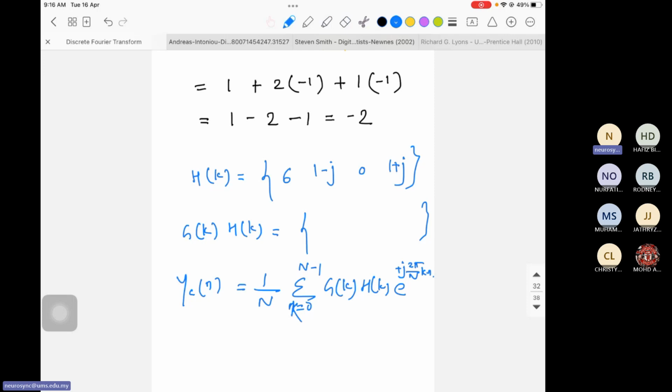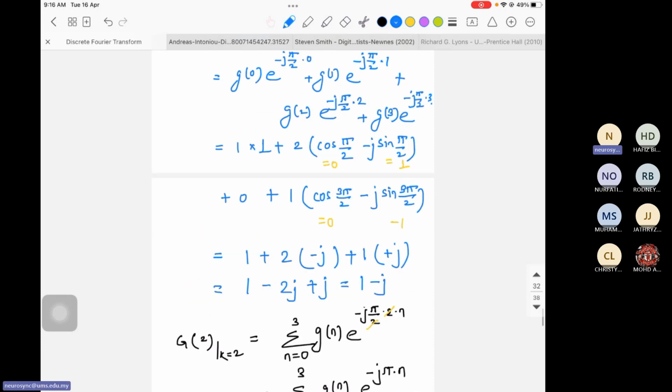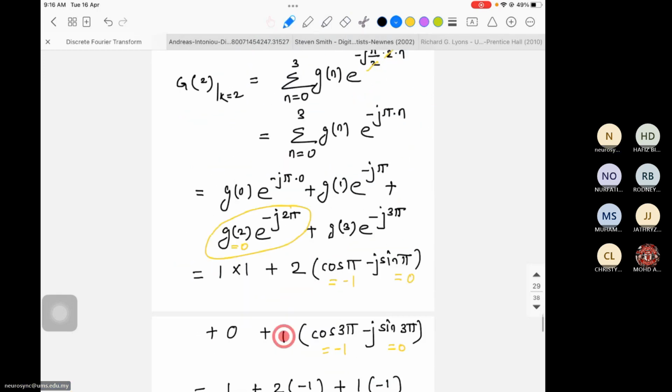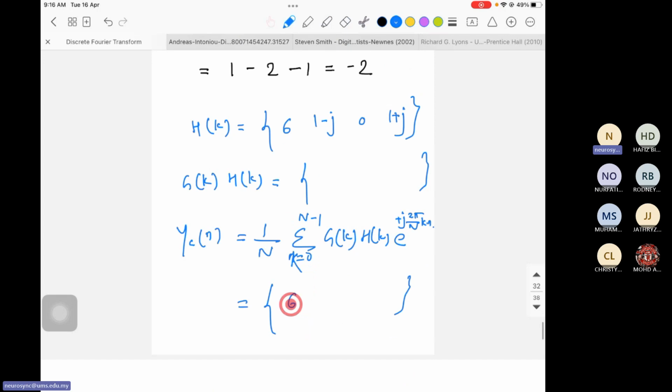So you should get the answer y of n is equal to whatever we have solved in the previous example, that is 6765. You should get this answer after doing this. Okay, so do this at home.